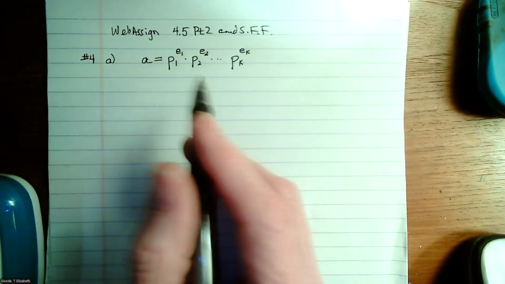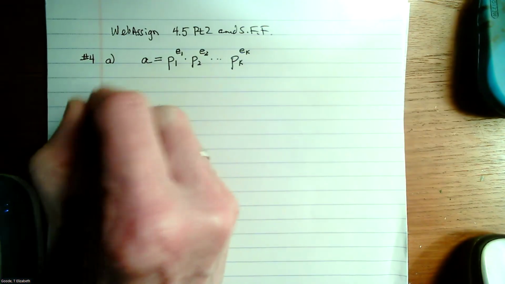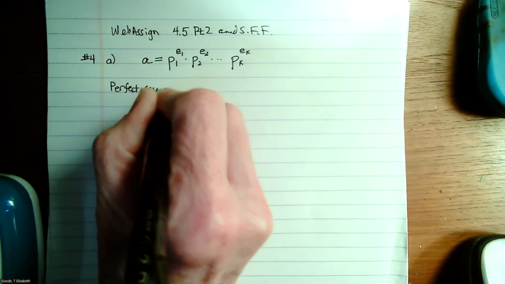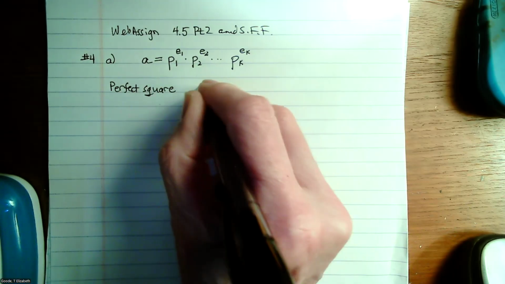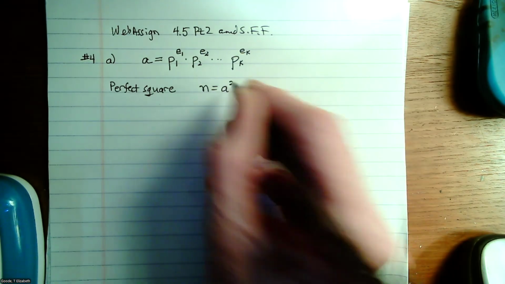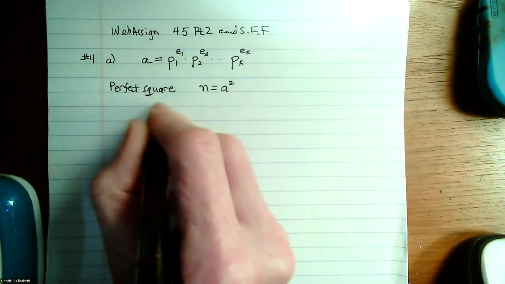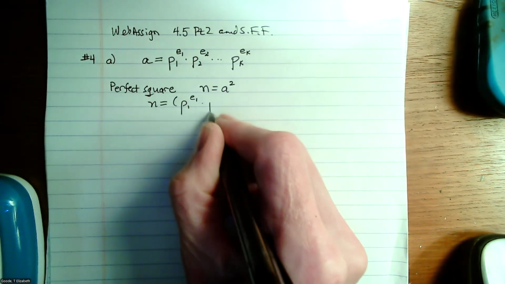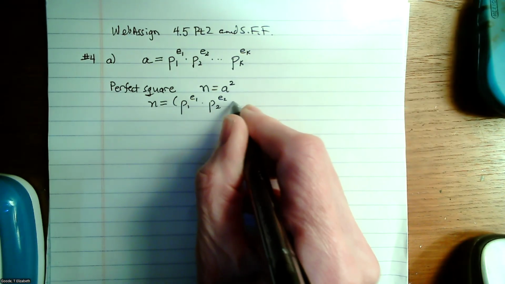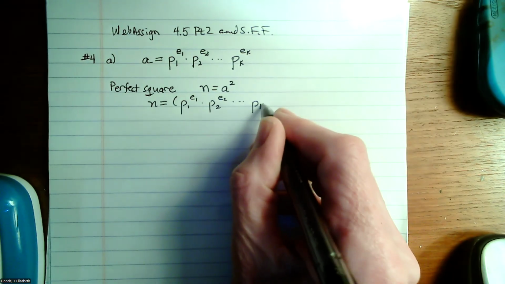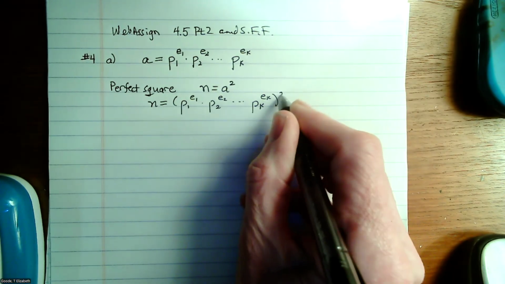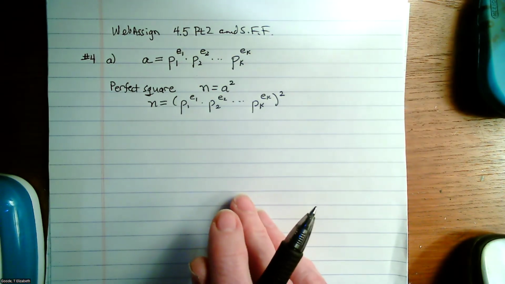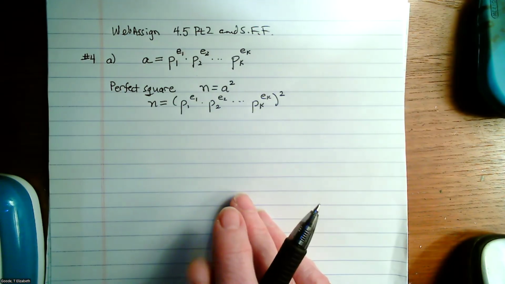So let's just think about something that we're really familiar with. For a perfect square, because we've talked about perfect squares at some length, let's say n is equal to a squared. So n is equal to all of this good stuff, and I can talk about this and not give away the farm on that part A, because if I talk about perfect squares, then hopefully people can translate this idea to perfect cubes.